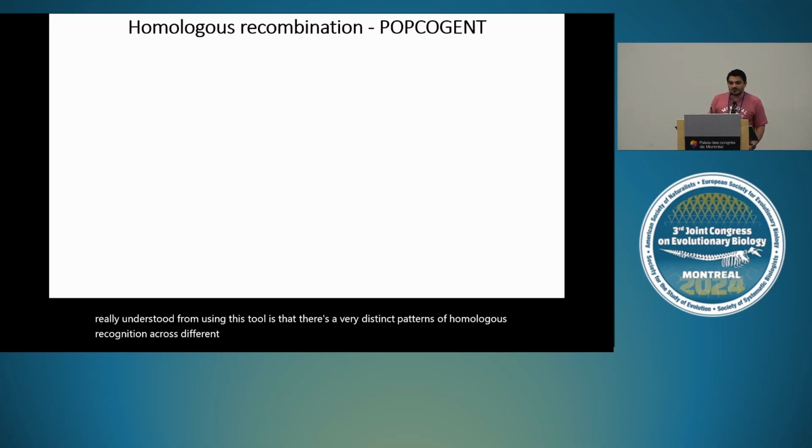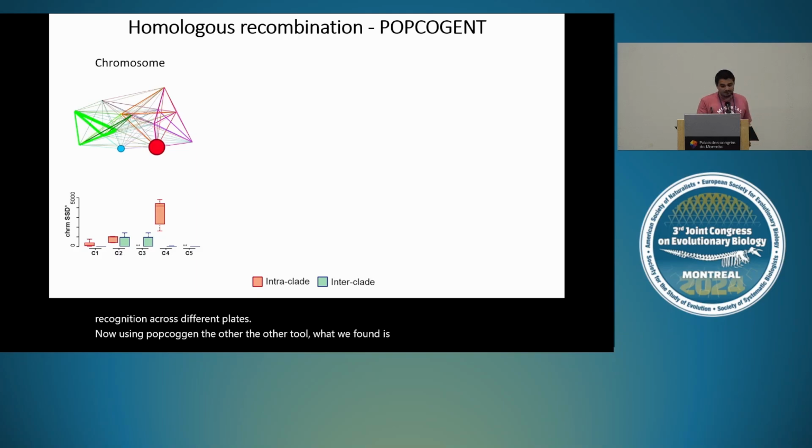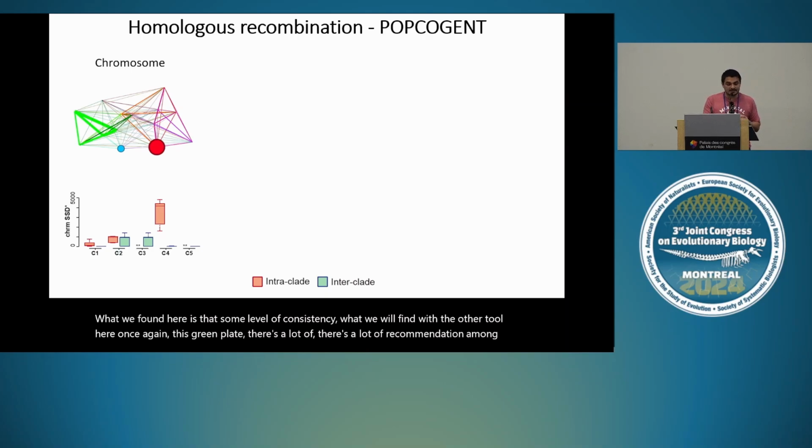Now, using PopCogen, the other tool, what we found here is some level of consistency. With this other tool, once again, in this green clade there's a lot of recombination among all the strains that compose it, but not much between those strains and the other clades.